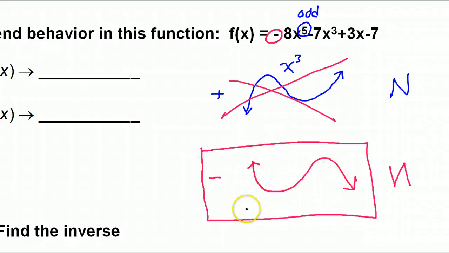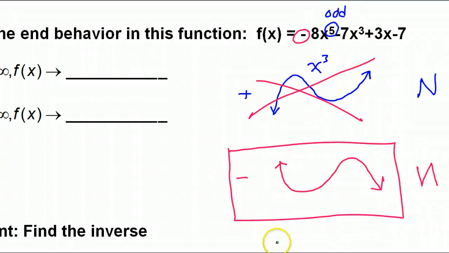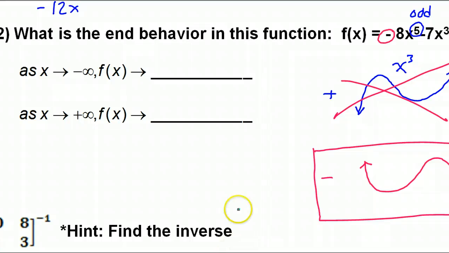So basically, on the left side it rises, and on the right side it falls. That's what should be happening. Now, looking back at this end behavior, as x approaches negative infinity, that's your left side. On the left side it rises, so the function approaches positive infinity.